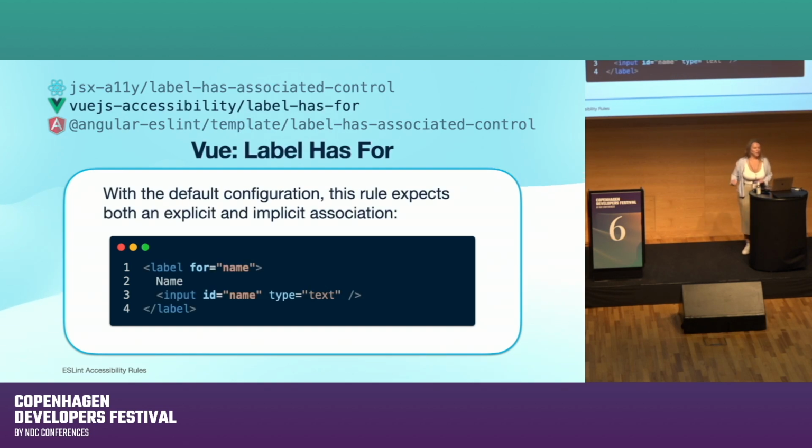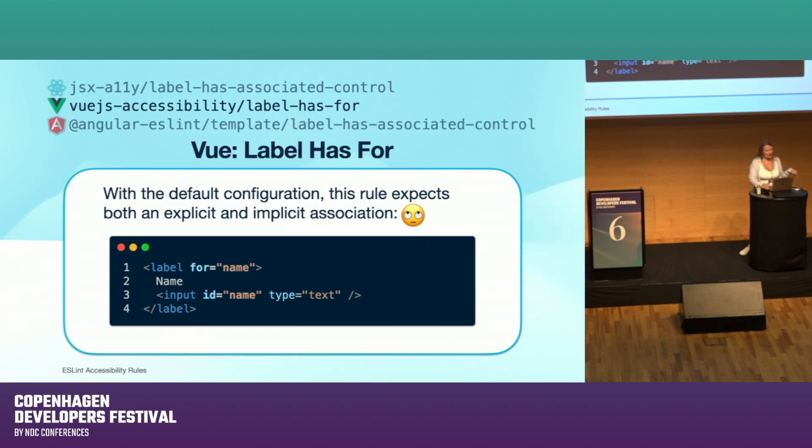Label has for is then the comparable rule in the Vue.js accessibility plugin. It has been deprecated in JSX-A11Y and Angular ESLint and was the predecessor of their label has associated control rules. There's also a ticket open in the Vue accessibility plugin to deprecate this rule and move to label has associated control.